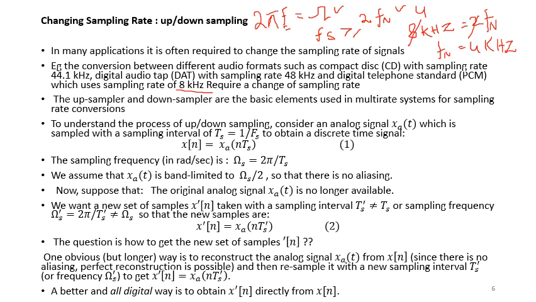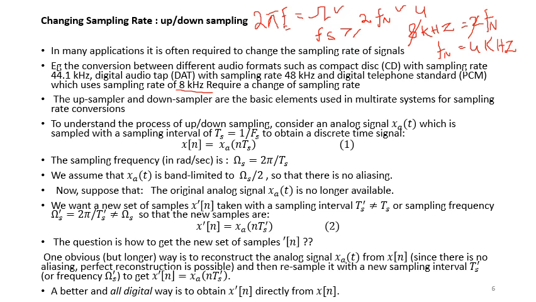So upsampler and downsampler are the basic elements used in multi-rate systems for sampling rate conversion. If telephony standard speech is to be recorded on CD, then we have to upsample it, or if the CD is going to be transmitted on telephone, then we have to downsample it.